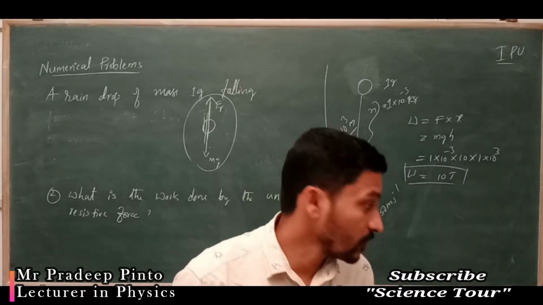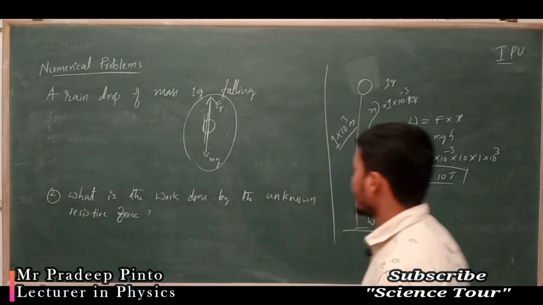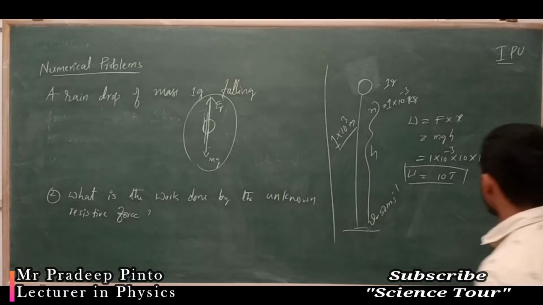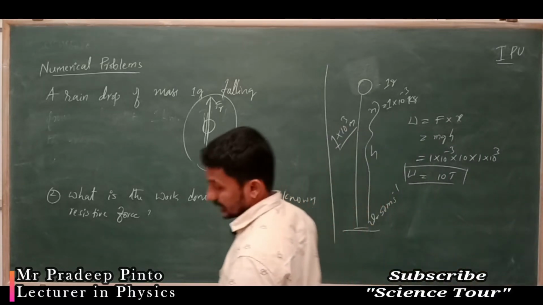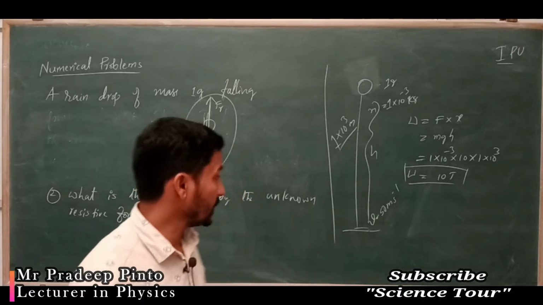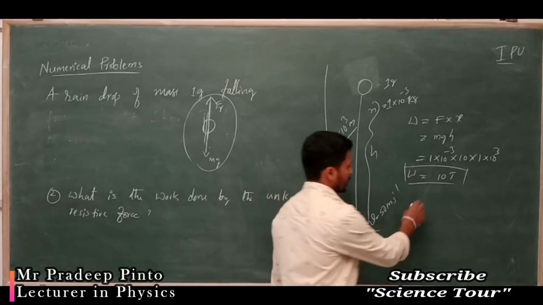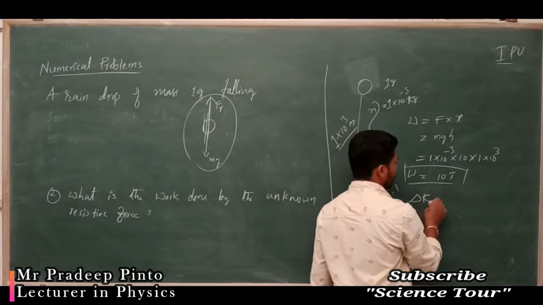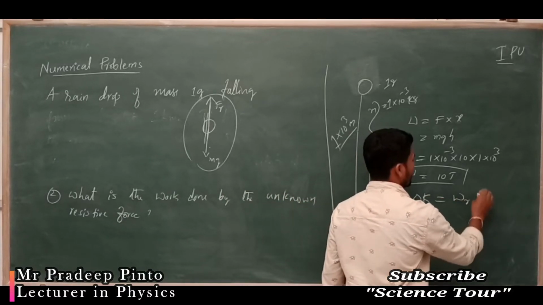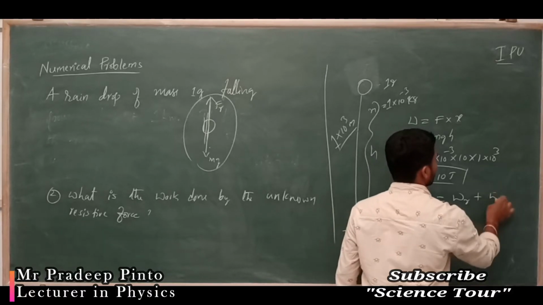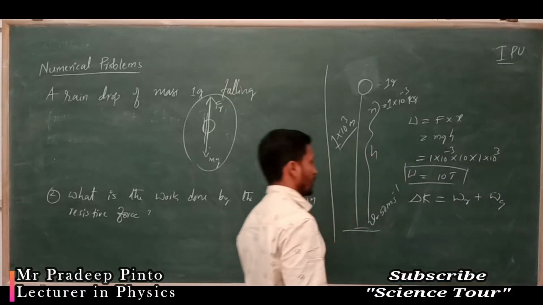Now we have to calculate the work done by the unknown force. Let's see the total work done. How can we calculate the total work done? We know that total work done is nothing but the work done by the resistive force and the work done by the gravitational force.